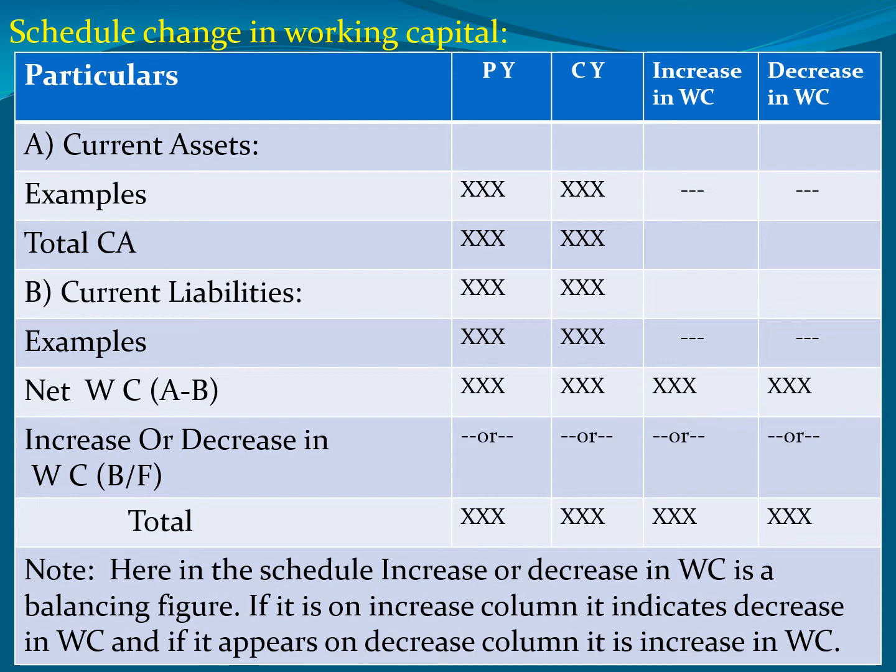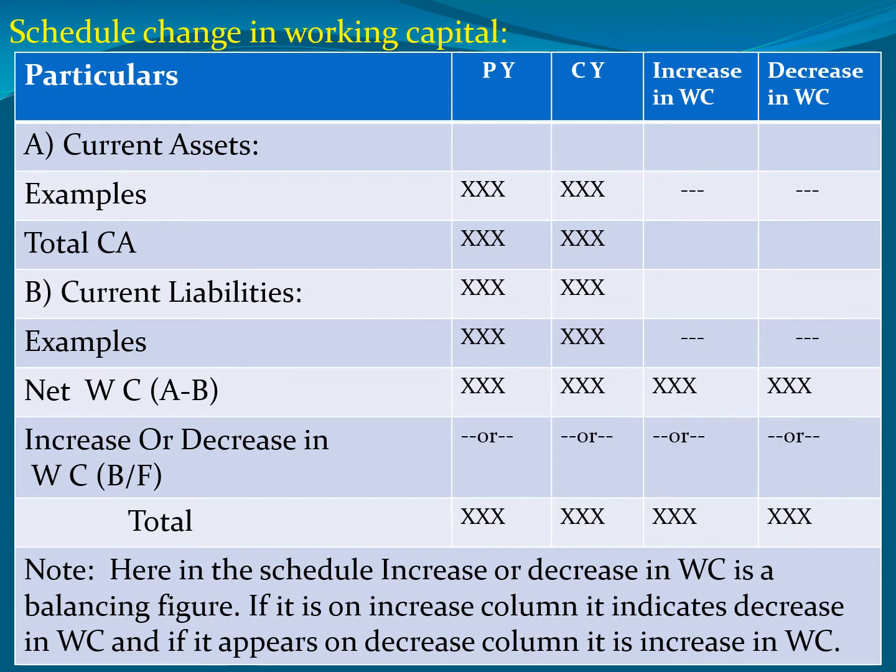Similarly, current year current assets minus current year current liabilities, you'll get net working capital of that year. So increase or decrease, here you just write the total, as usual, means total increase in working capital and total decrease in working capital.